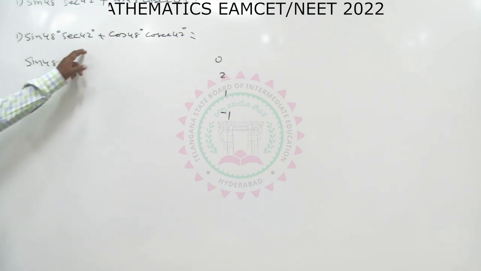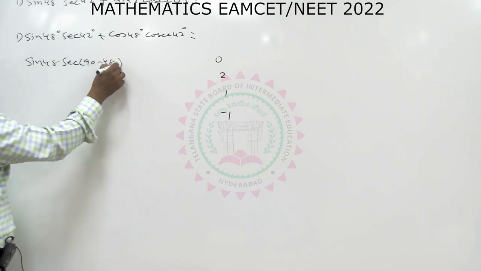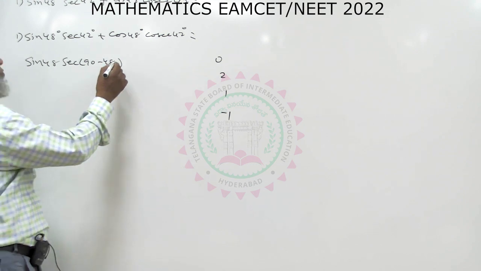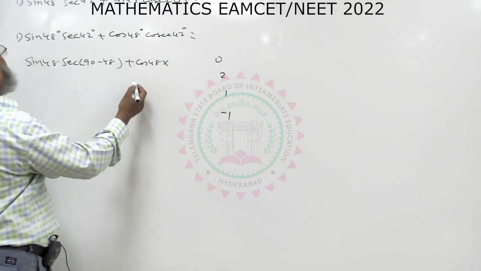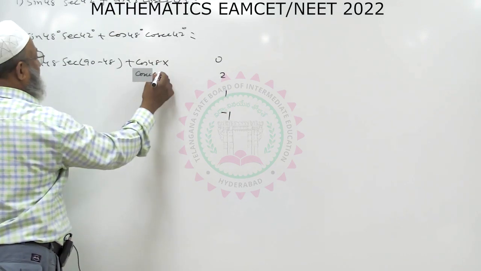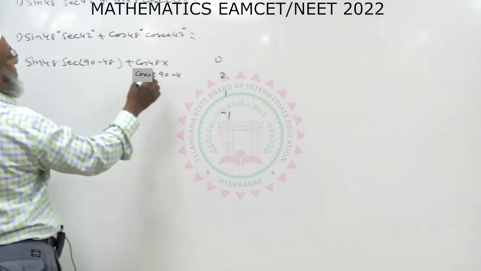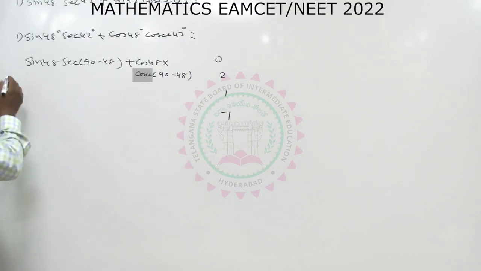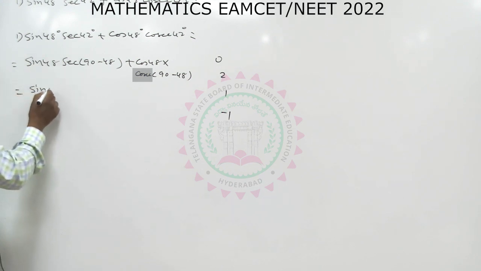So, sec 42 can be written as sec 90 minus 48. Is it correct? 90 minus 48 is 42. Plus cos 48 into, this can be written as sec 90 minus 48 is equal to sin 48 as it is.